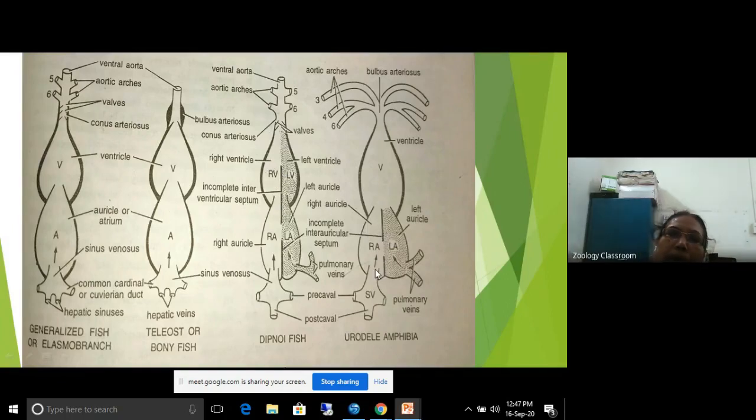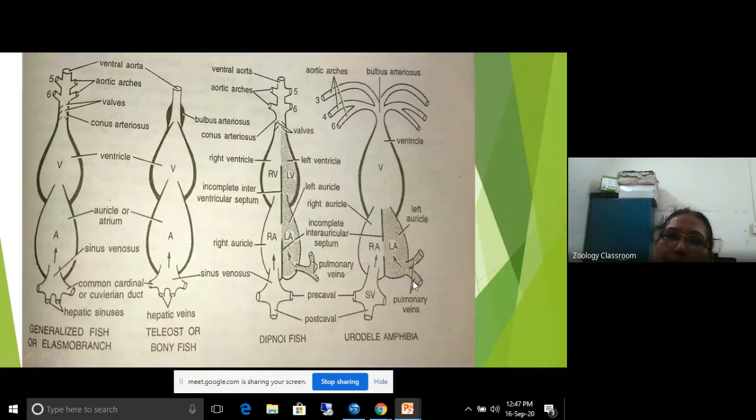In amphibia there are the orders Anura and Urodela. There is a formation of 2 auricles and 1 ventricle. On the right side there is a sinus venosus. How is it formed? By the precaval and postcaval veins together. This collects deoxygenated blood from the posterior side of the body and carries it towards the right auricle.